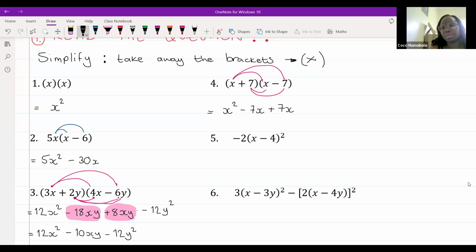And then 7 times negative 7 will give us negative 49. And the nice thing about this one, it is a perfect square. It's just the simplification of the difference of 2 squares. Negative 7x plus 7x will give us 0. And my final answer would be x squared minus 49.